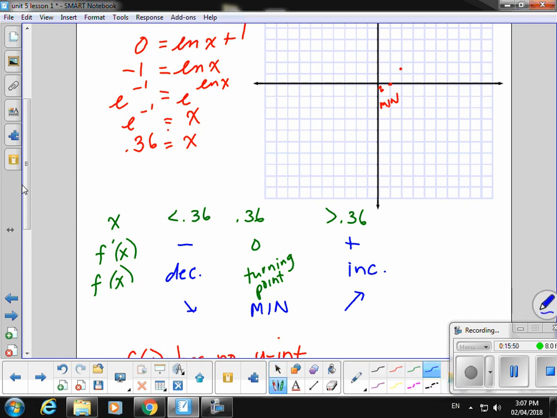We know that x has to be greater than 0, so we've got a hole there. That's supposed to be a hole. Let's try it again. And so our curve would go down to the minimum with a turning point at 0.36.